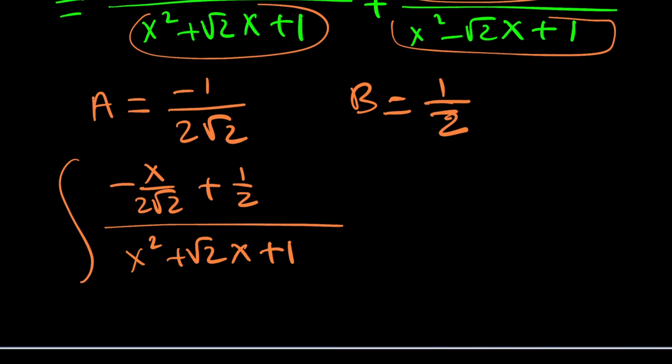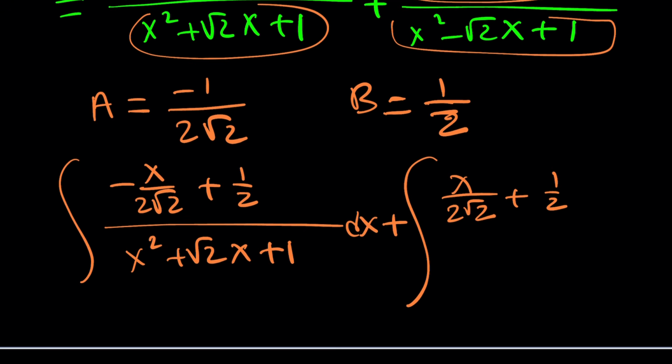And of course, there's a dx at the end. Don't forget that. And our other integral, which we separated, x divided by 2√2, let's clean that up a little bit, and then plus 1/2. The denominator is going to be the other one, x² − √2x + 1. And of course, we still have the dx.